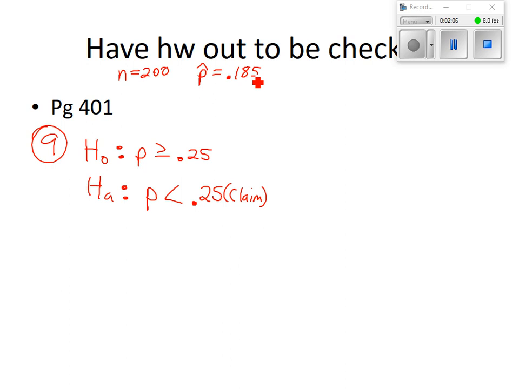And our alpha this time is 0.05. Is there enough evidence to reject the researcher's claim?